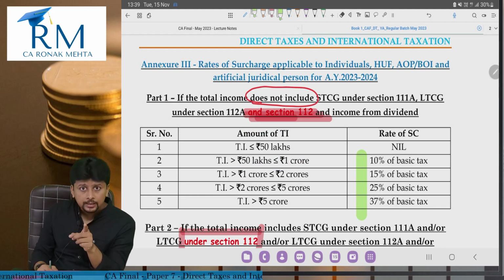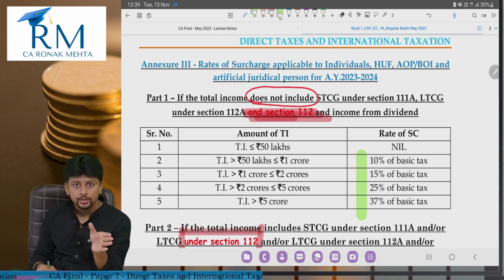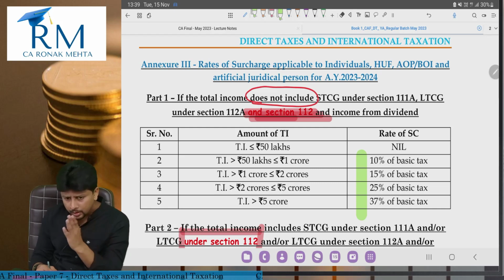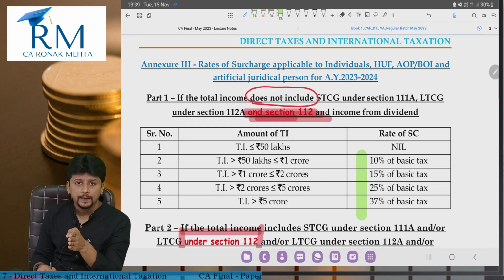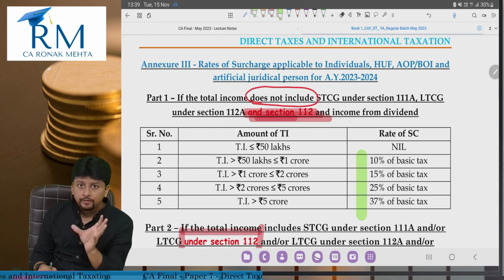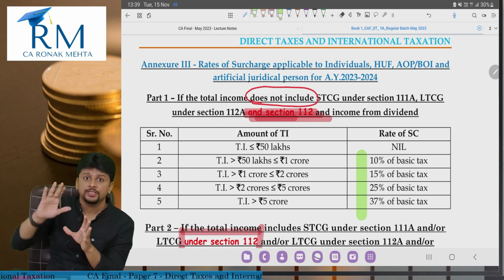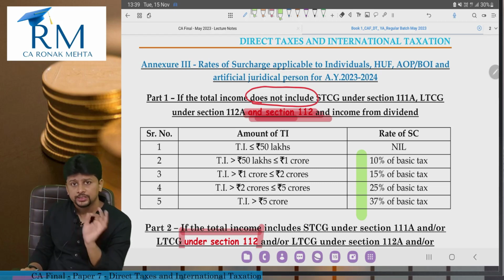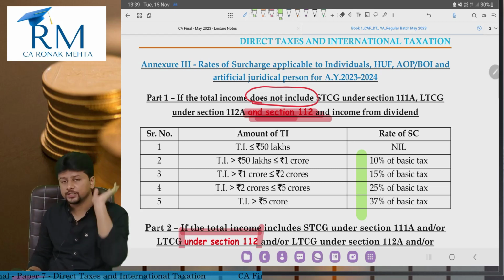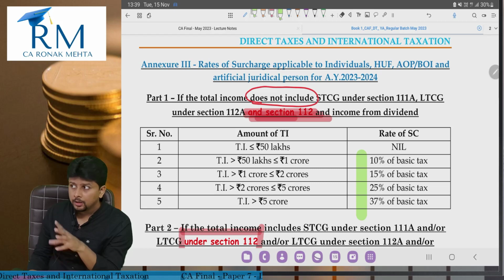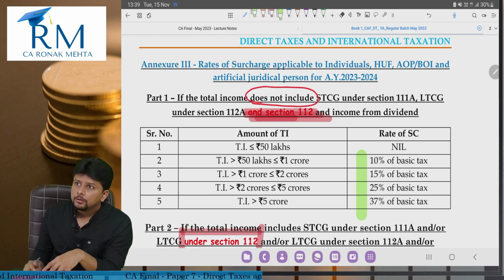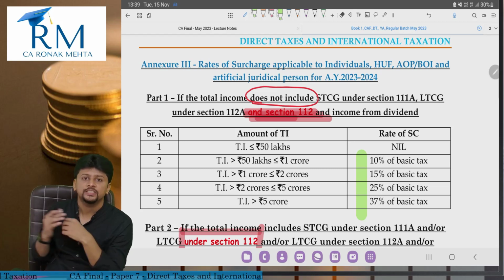But if your income is 111A short term capital gain, or 112A long term capital gain, then we will not charge you a surcharge of 25% and 37%. We will charge you a fixed surcharge of 15%. This was done to satisfy those foreign investors.